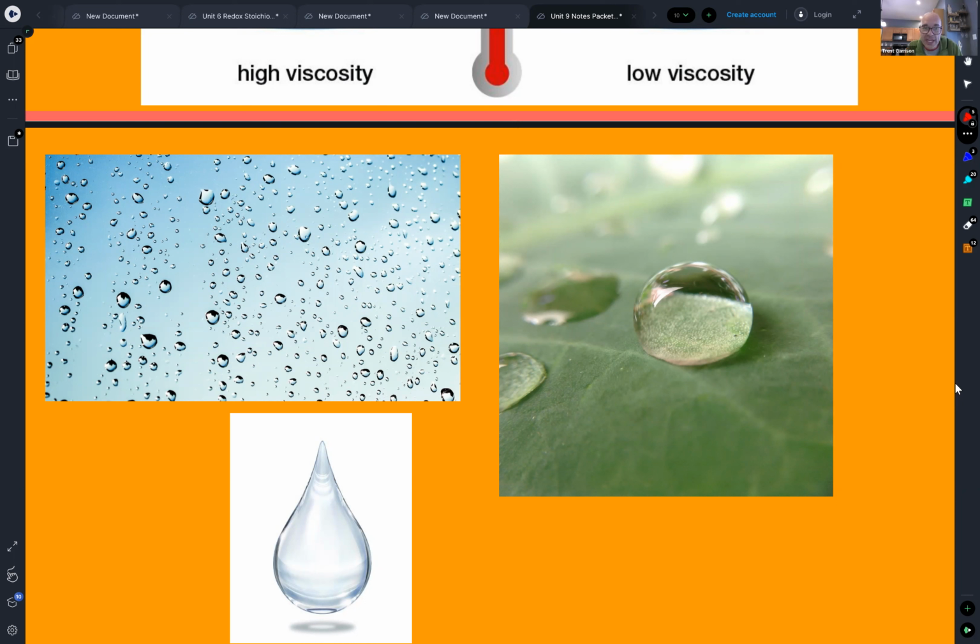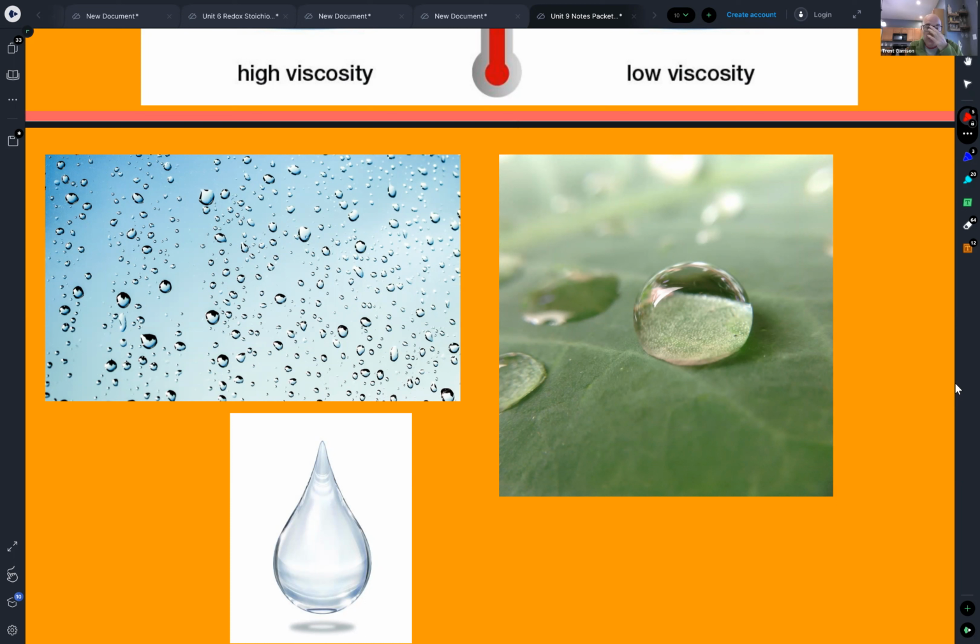Water is very unique in that it has very strong intermolecular forces compared to other substances. So it resists deformation. This is called surface tension, and it pulls on itself to form little spheres. That's why rain droplets are individual, why they don't like to group together into big puddles.